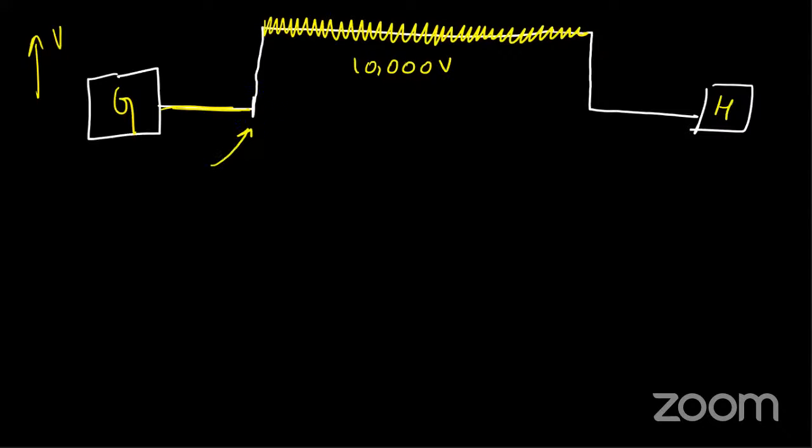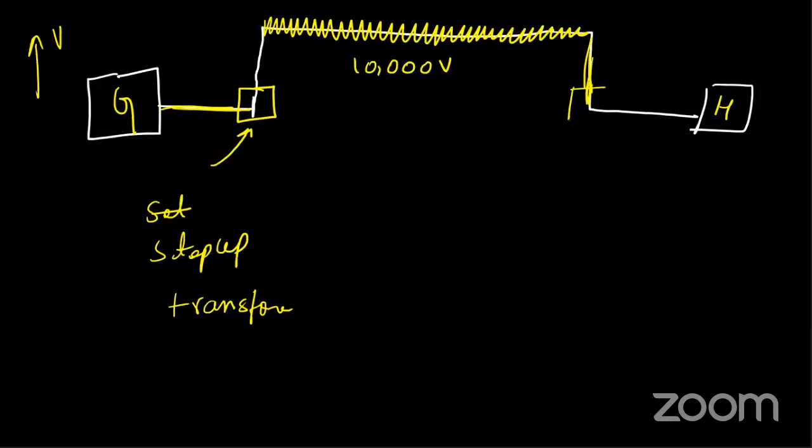The transformer we use to increase the voltage is called a step up transformer, because I'm upping the voltage. And near my home, on the electric pole, there will be one more transformer that reduces this voltage to a lower voltage, and that is called a step down transformer. Cool, right?